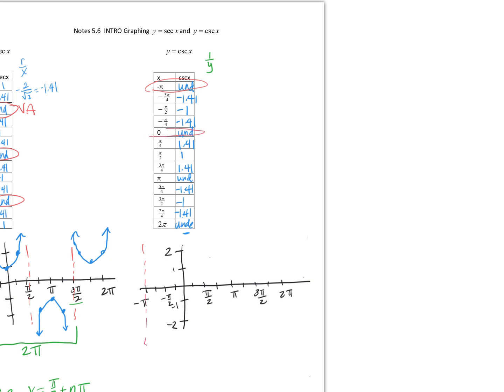I have an asymptote at 0. I have an asymptote at pi. And then another one at 2 pi. Okay. And then down here, it's going to be the bottom scoop up here. And then it's repeating, isn't it?